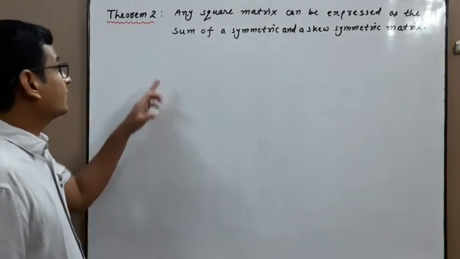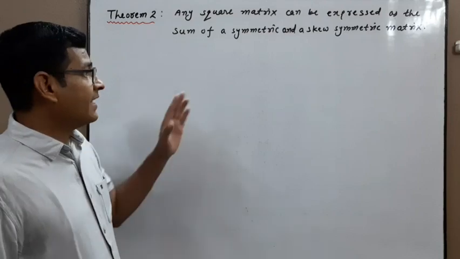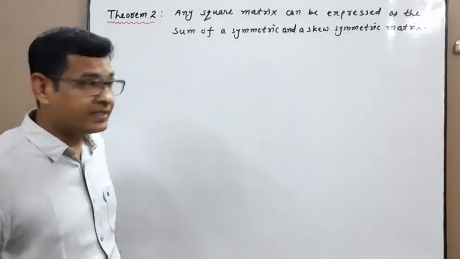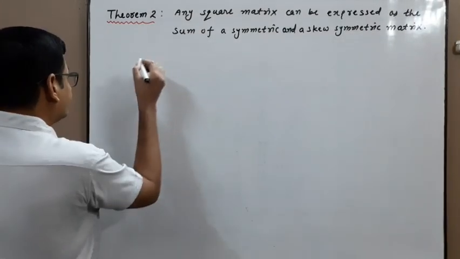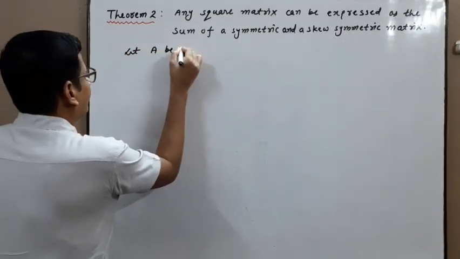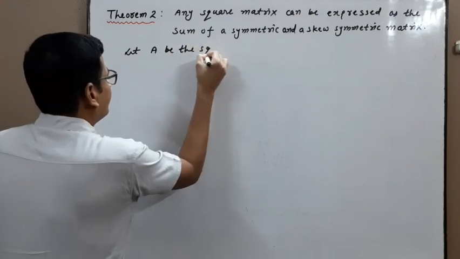Next theorem: any square matrix can be expressed as the sum of a symmetric and a skew symmetric matrix. Let A be a square matrix.